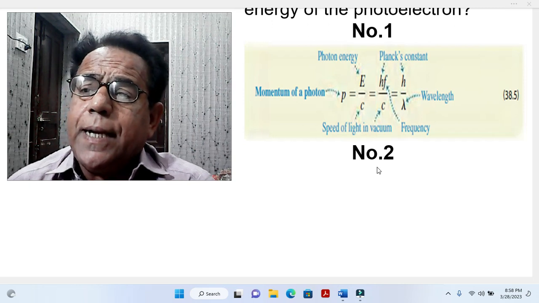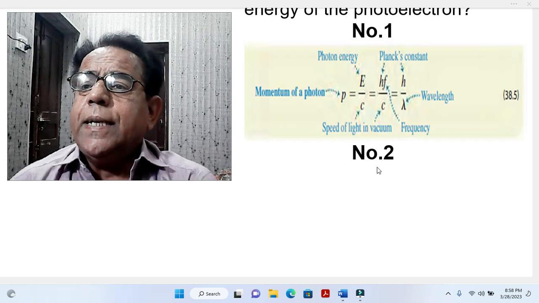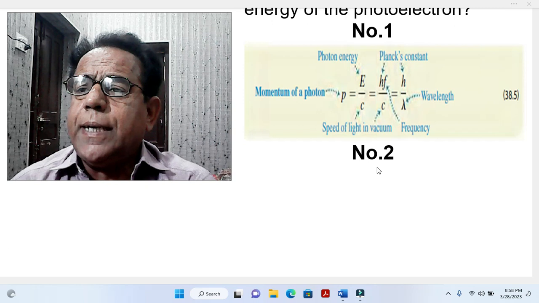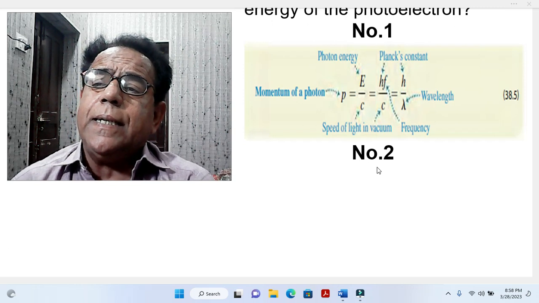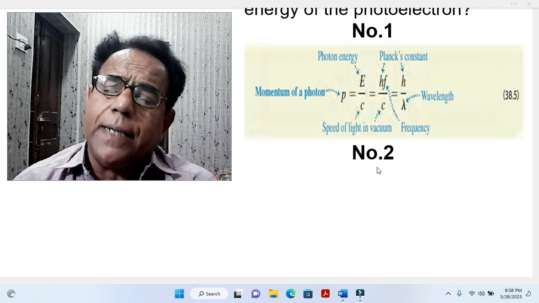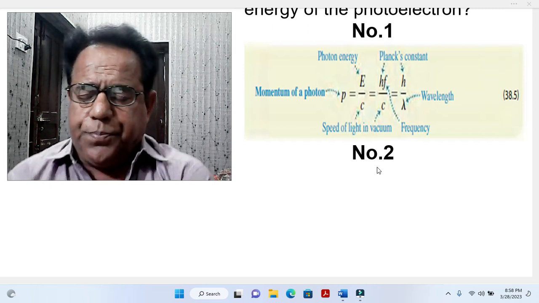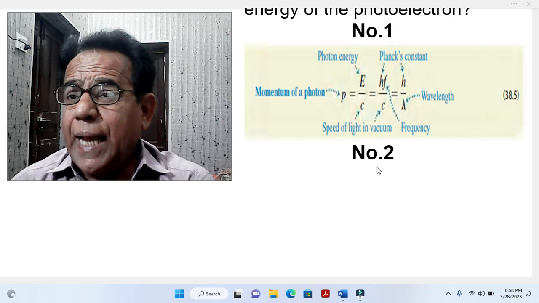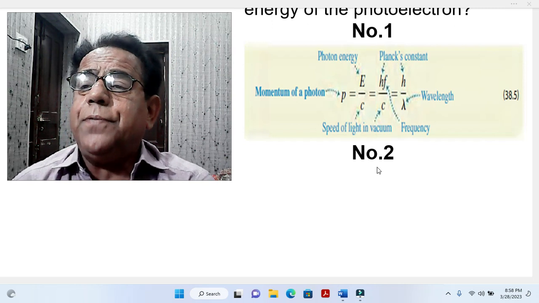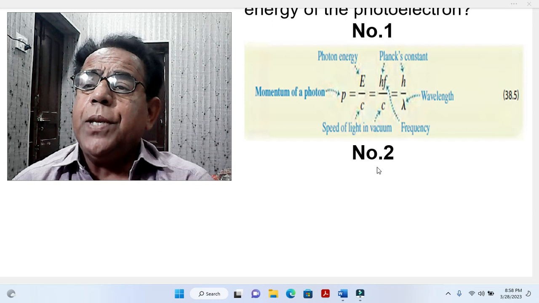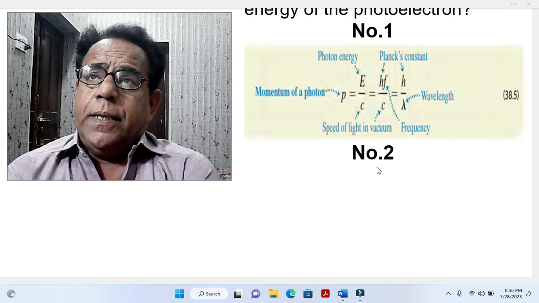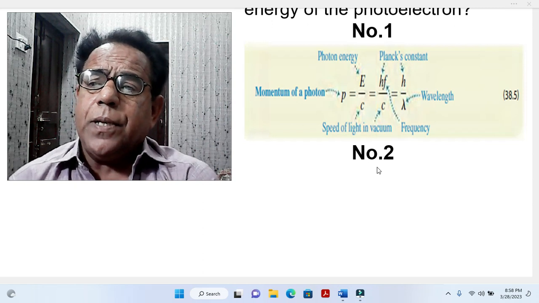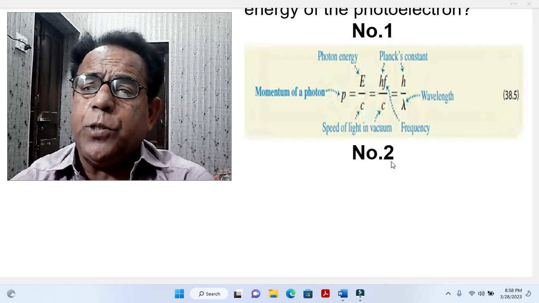This expression alternatively becomes equal to HF over C, where H is the Planck's constant and F is the frequency. In the third stage it becomes equal to H over lambda, where lambda is the wavelength. We know that frequency and wavelength are inversely related with the involvement of the speed of light c.